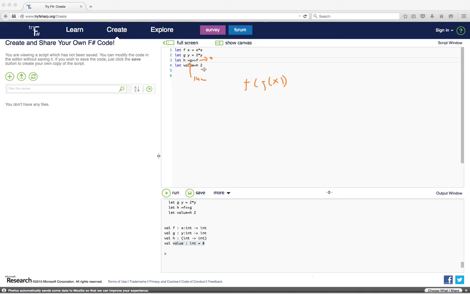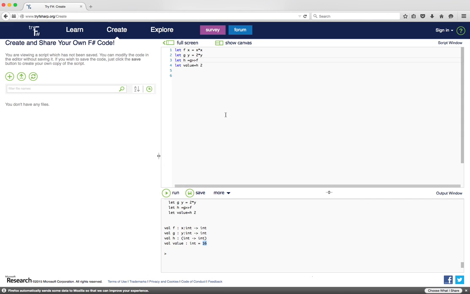Assuming x is 2, g of 2 is 2 times 2, which is 4, and f of 4 is 16. So I expect the value to be 16. If I run this again, I see that the value equals 16.